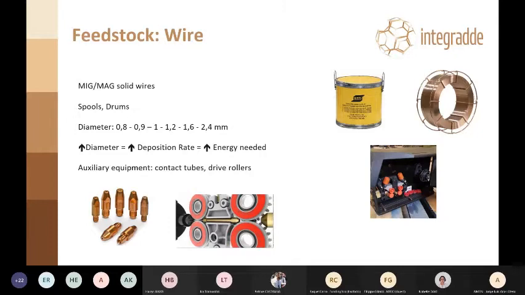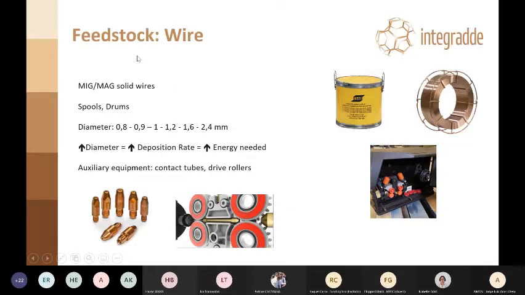So if for 0.8 you may need 500 watts, for 1 millimeter you may need more, and for 1.6 millimeter you don't need double. You need the square of the double, that is 4 times more, not twice. So you have to go not to 1 kilowatt, but to 2 kilowatts.